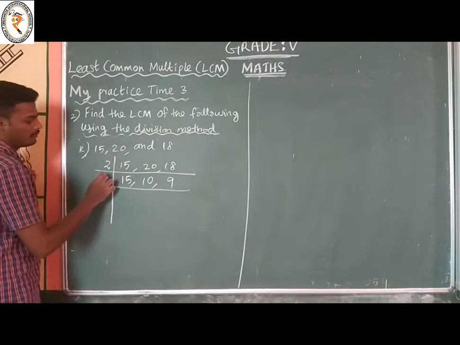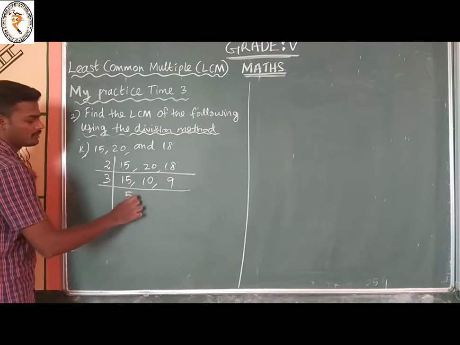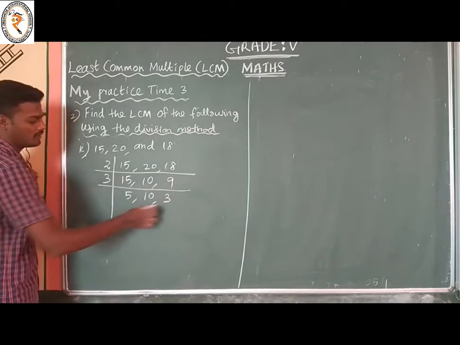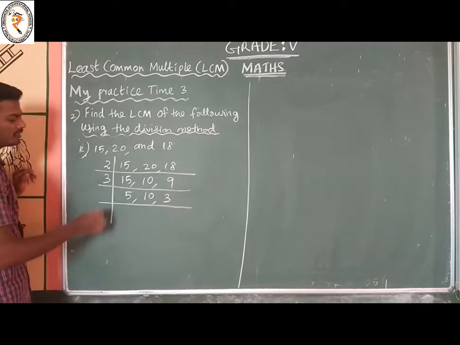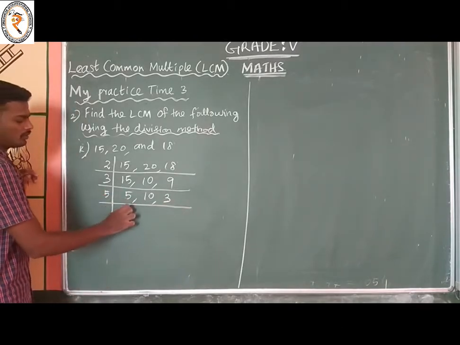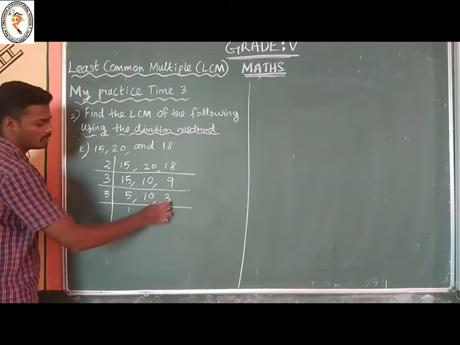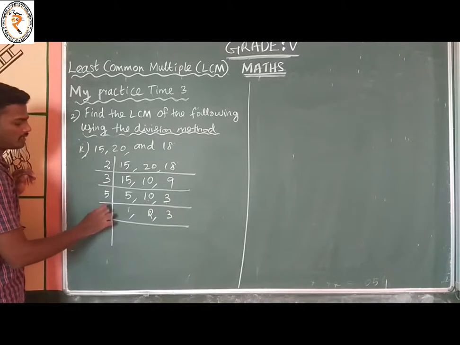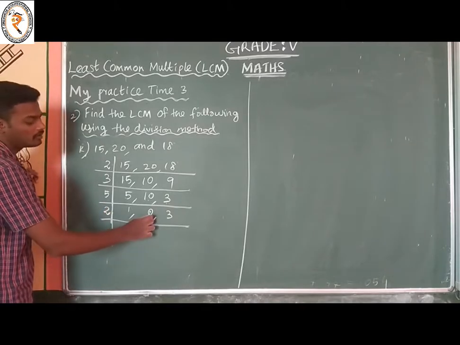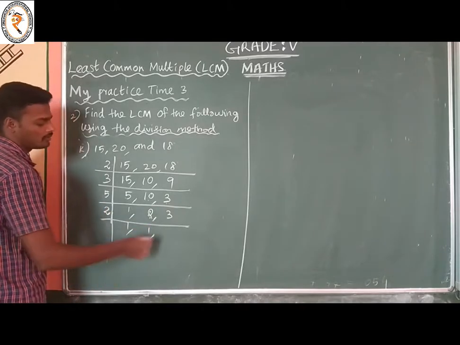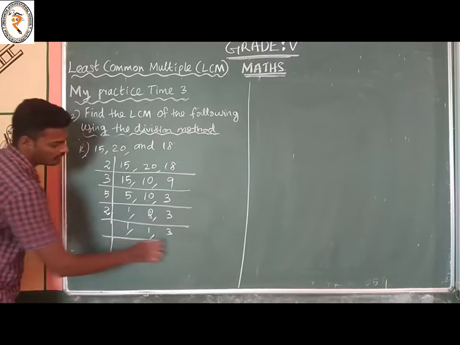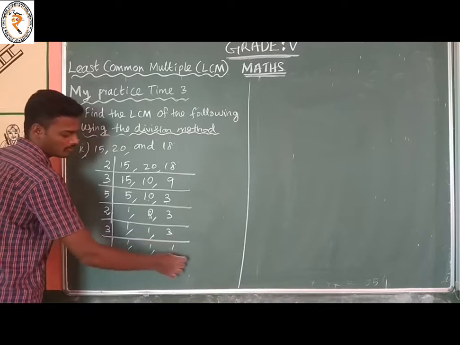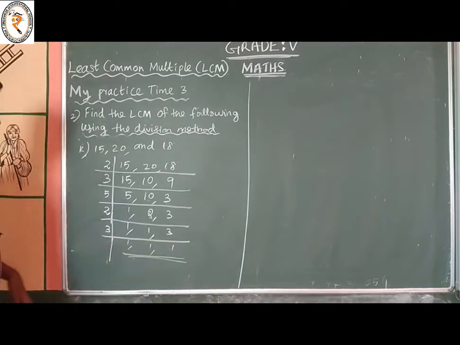Again, we put in the third table. 15 comes 5 times and 10 is not in the third table, and 9 comes 3 times in the third table. In the fifth table, 5 comes 1 time, 10 comes 2 times, now 3 is not in the fifth table, so bring down the value 3. Again, in the second table, 2 comes 1 time, 3 is not in the second table, so bring down the value 3, and 3 comes 1 time in the third table.